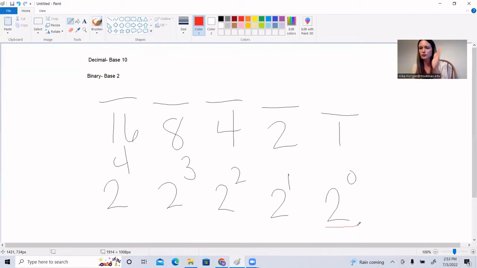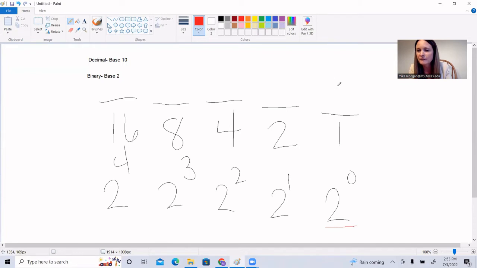Remember our 348. 3 in the hundreds place, you multiply them together, 300. 4 in the tens place, 4 times 10, 40. 8 in the ones place, 8 times 1, 8. 348. We get the values by multiplying together the digit and the place value.